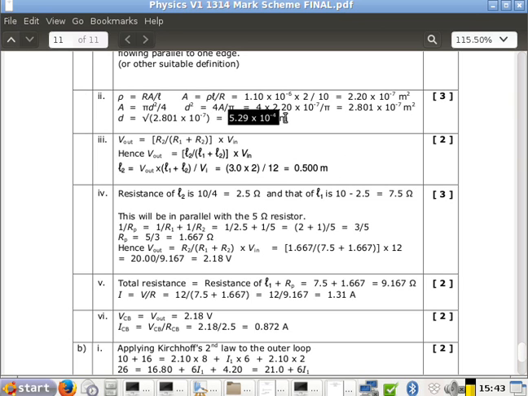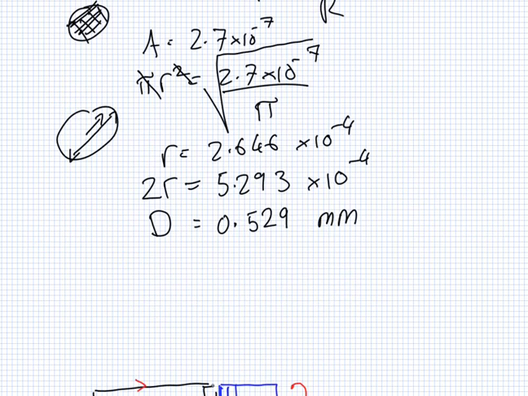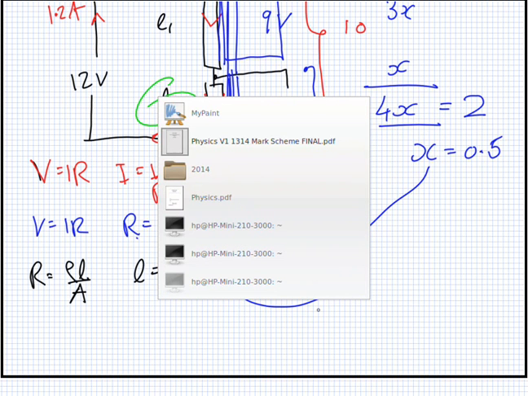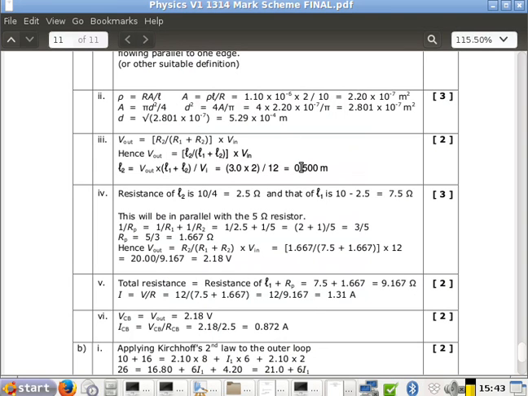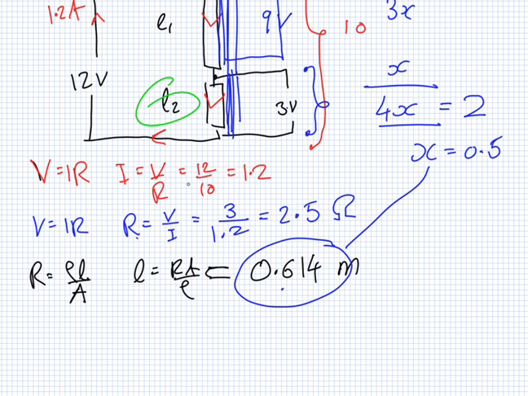Was that answer right for the last part? 5.9, did I say what I got? No, 0.5. Yeah. So my second answer, the second way I did it, was right, but my answer for the first one should also work, which means I'm doing something stupid with my calculator here.